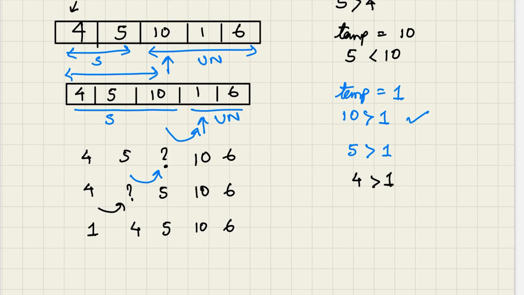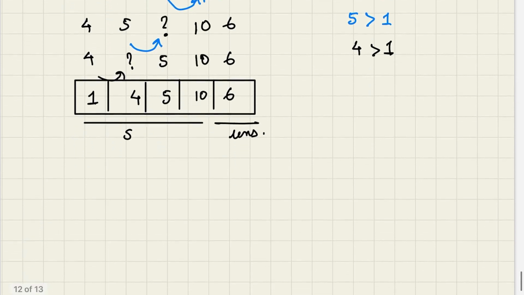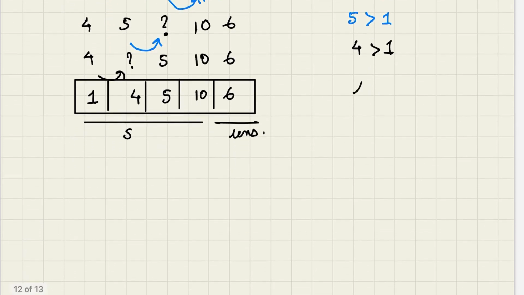So now this is my sorted sublist. This is my unsorted sublist. Now I need to compare the 6. So I will store my 6 in my temporary location. Then I will compare whether 10 is greater than 6. True.